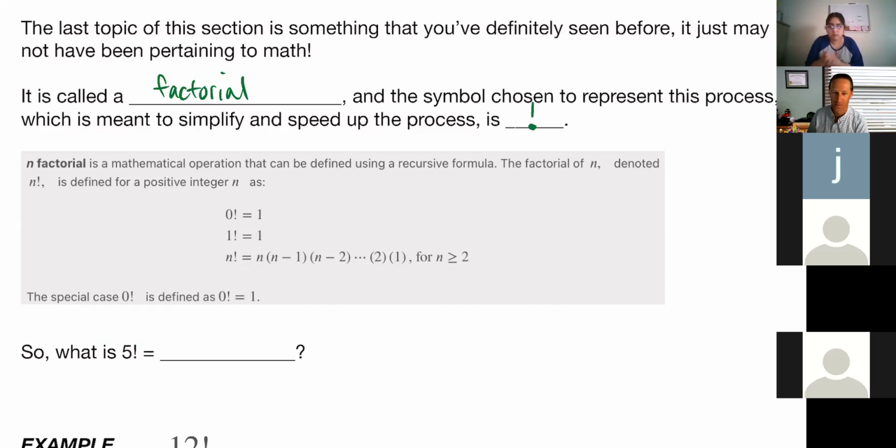There's a story about where that came from, and it was a typewriter back then, and guys liked that symbol. He was limited. And this is what they came up with. What 5 factorial means is you take whatever that number is and every integer on down to 1, and you multiply them. That's what factorial means.